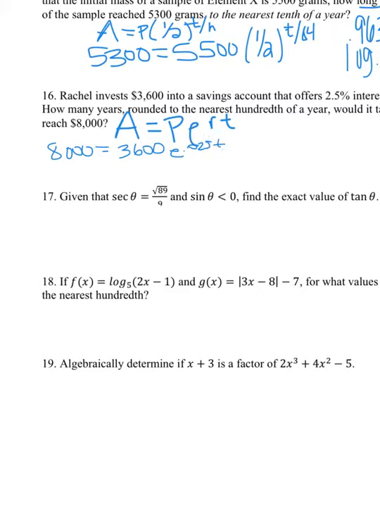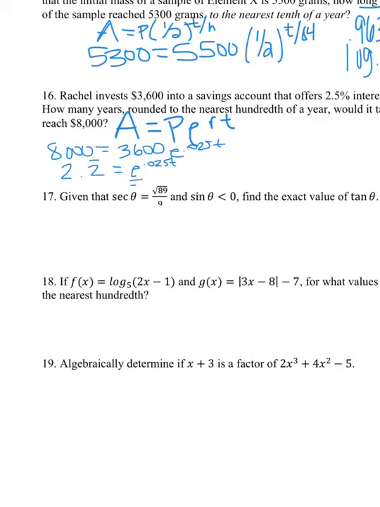So first I divide both sides by 3,600 and I get 2.2 repeating. You can write out 5 decimals or you can write the 0.2 repeating. Make sure you keep that number in your calculator. It equals e raised to 0.025t. Now, when you take the log of both sides, you should take the natural log because this is an e over here.